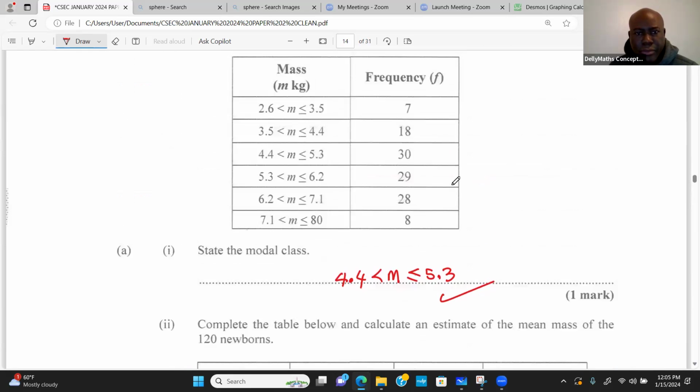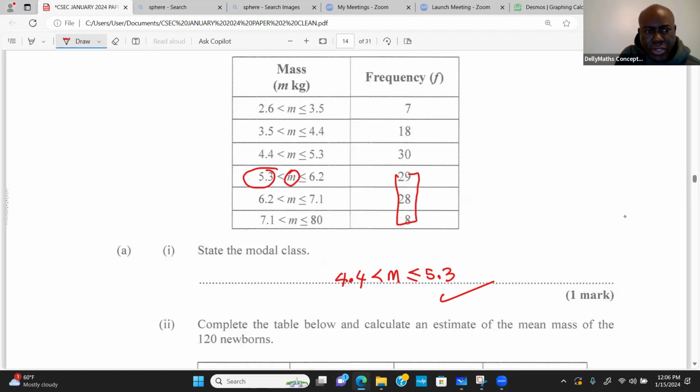So from this, we're looking at where M is greater than 5.3. So it's going to be everything from here all the way down, right?